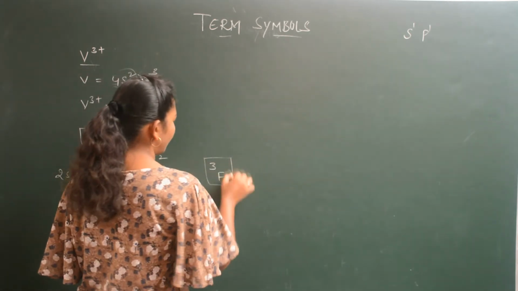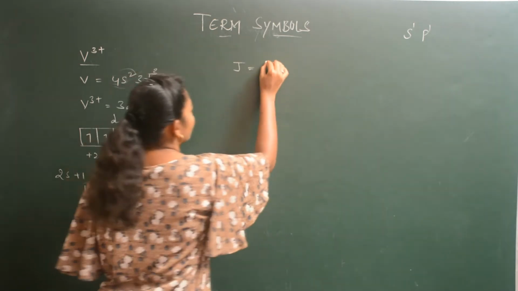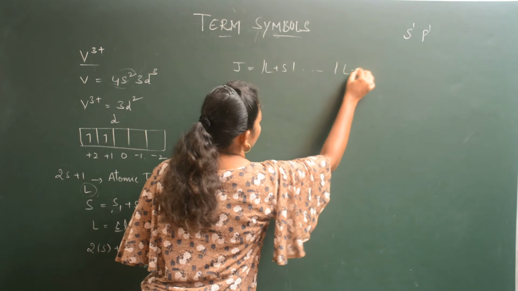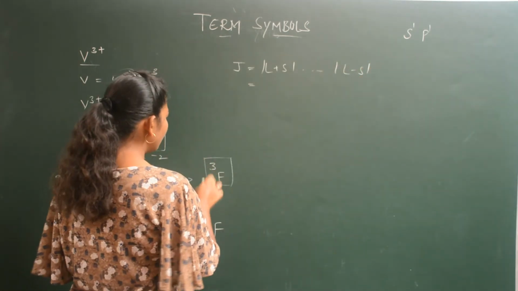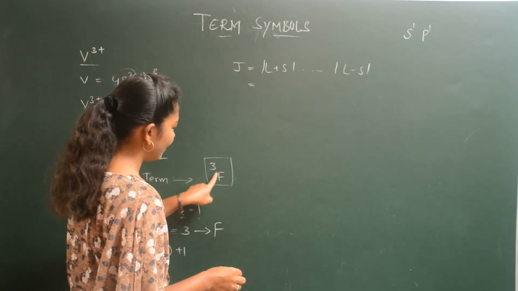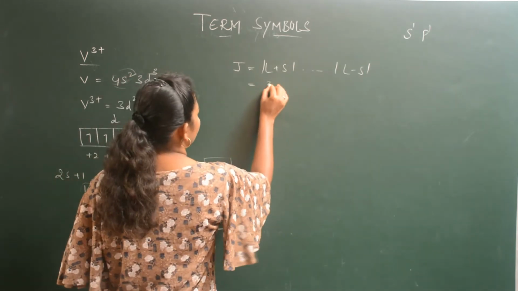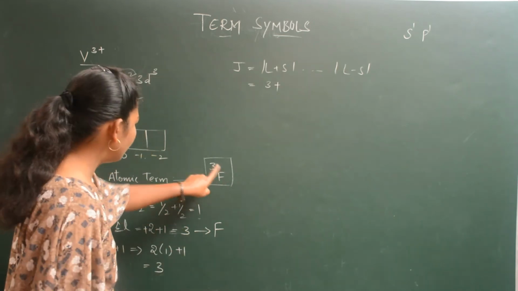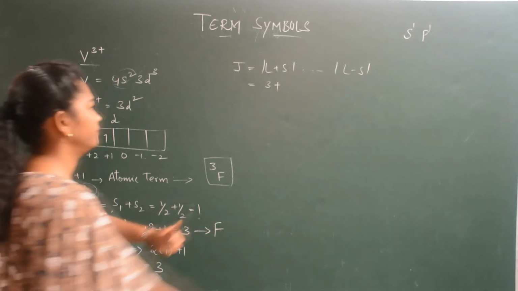So 3F. Actually we have to find out J values, right? So L plus S to L minus S, the possible values. Now for 3F, what is the L value? For F, the L value is 3, right? L value is 3. 3 plus, next for S value, what is the S value here? 1.